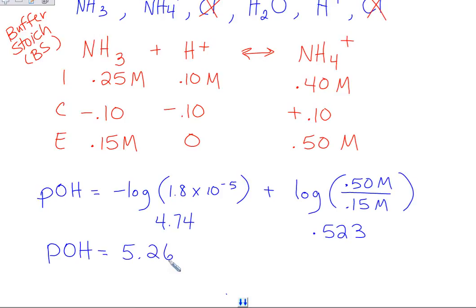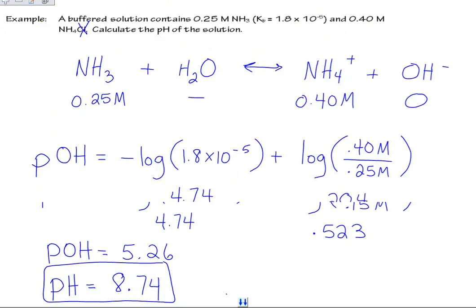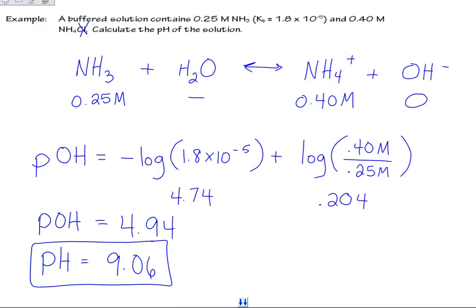If I subtract that from 14, I get a pH of 8.74. That's not bad. The original pH that we calculated for this buffer was about 9.06.